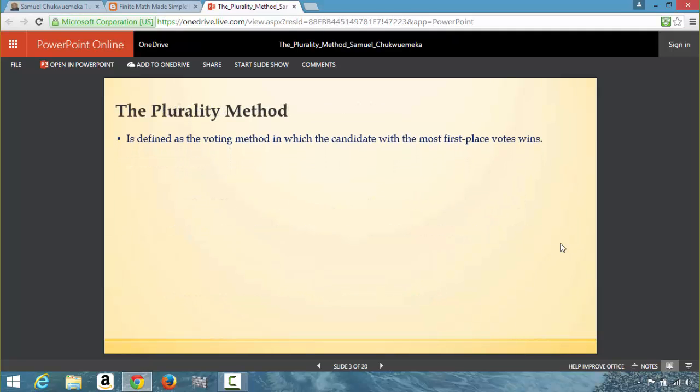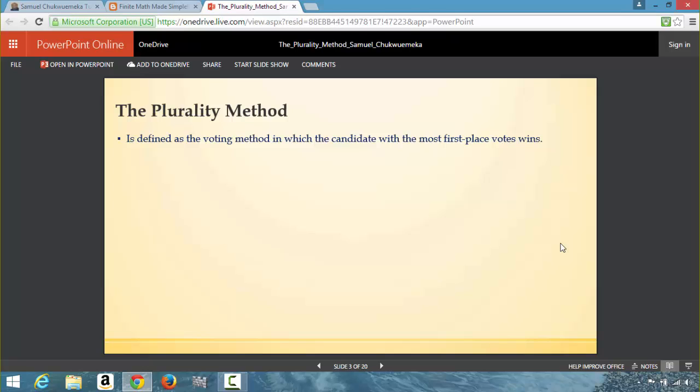So what is the plurality method? This is the voting method in which the candidate with the most first place votes wins. This is not necessarily the majority candidate. What is the difference between a majority candidate and the candidate with the most first place votes? For example, say you have 100 voters, and they are going to vote for either of two candidates for a position.